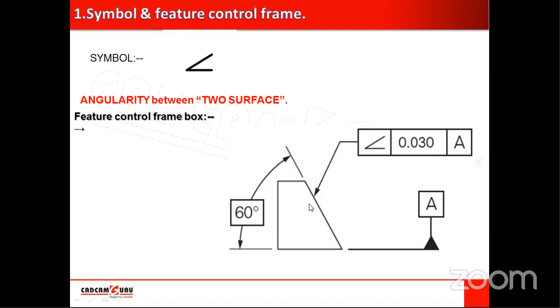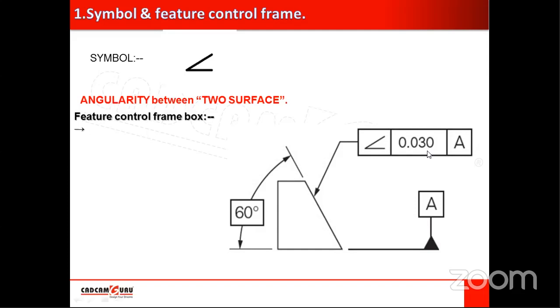Okay, so this is the surface under consideration, and this flat surface is considered as a datum. So with respect to this datum feature, this surface should have some angularity tolerance, or it is allowed to get deviated within this limit.